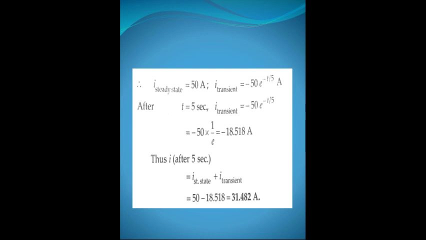So its value is minus 18.518 ampere. Thus total current i is equal to i steady state plus i transient state. i steady state is 50 ampere, i transient state is minus 18.518, that is 31.48 ampere.